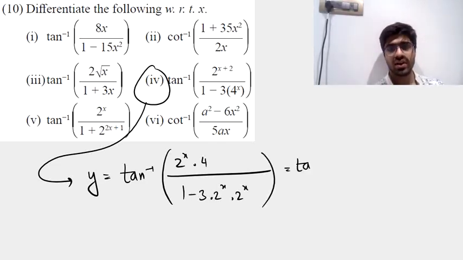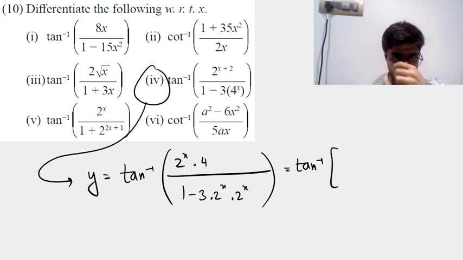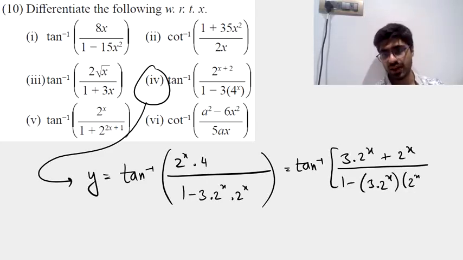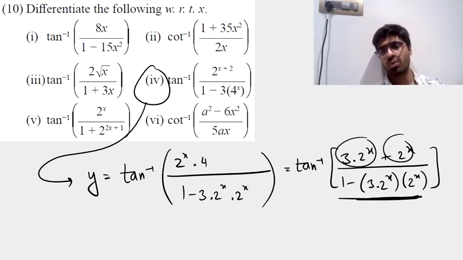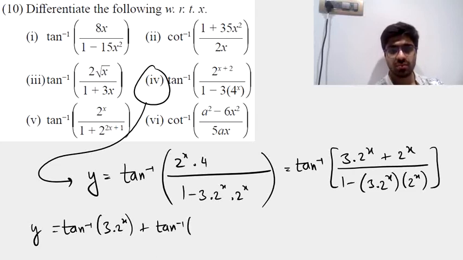Yeah, so we can write this as tan inverse of, in the numerator we can say it is 3 into 2 power x plus 2 power x, the whole divided by 1 minus 3 into 2 power x into 2 power x. So tan inverse of a plus b upon 1 minus ab, that's going to be tan inverse a plus tan inverse b.